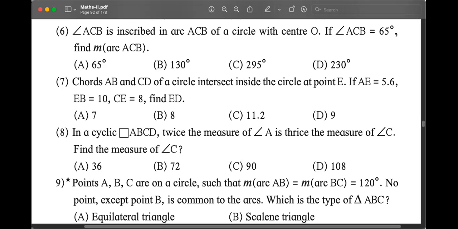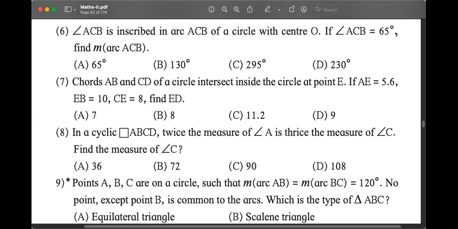The theorem is called the inscribed angle theorem. Yes, now you are correct, Akhilesh or Rajesh. The intercepted arc will be 2 times that of the inscribed angle.